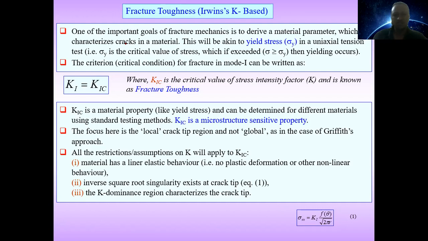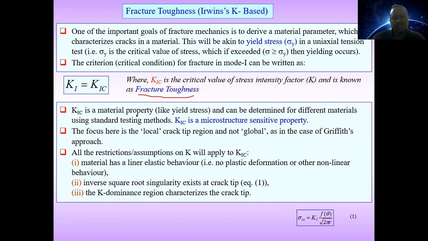The criterion or critical condition for fracture in mode 1 can be written as K1 is equal to K1C. This is the critical fracture toughness, where K1C is the critical value of stress intensity factor, known as fracture toughness. Okay, this K1C is the fracture toughness.